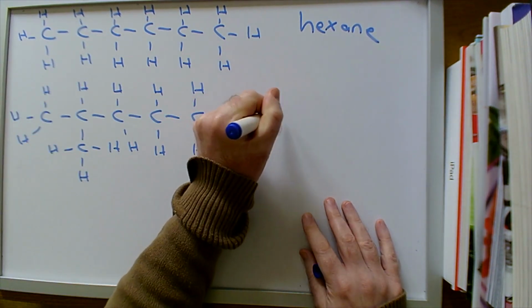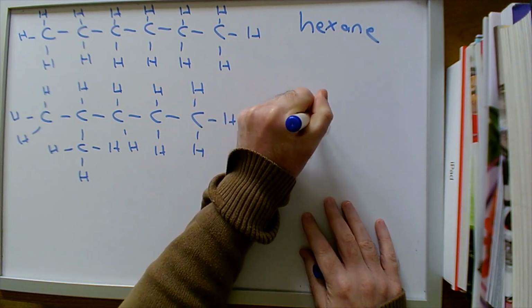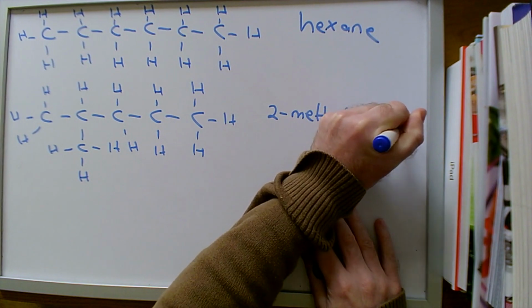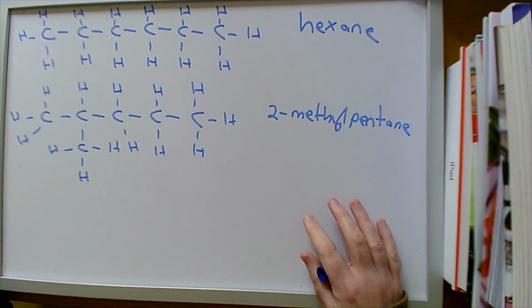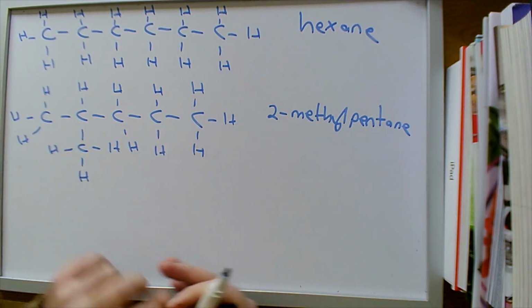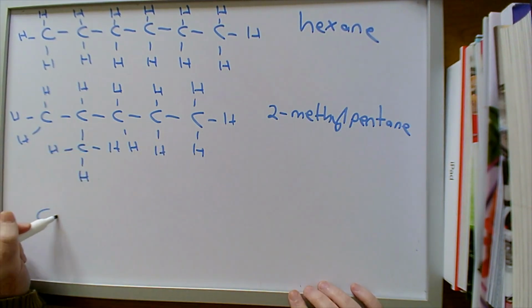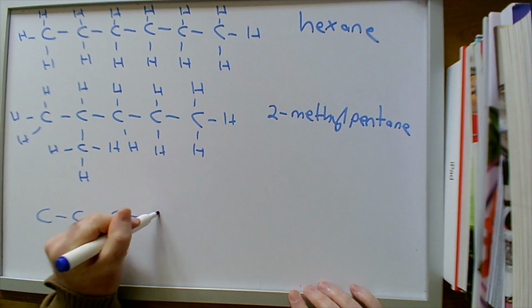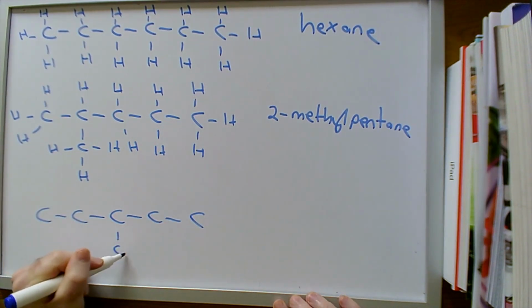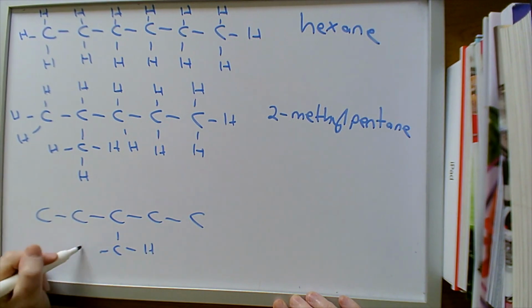So it would be 2-methylpentane. And that would be my second isomer that has a molecular formula of C6H14. Now I'm going to draw another isomer, and once again I'm going to draw 5 in the longest chain, but this time I'm going to put the CH3 group on carbon 3.